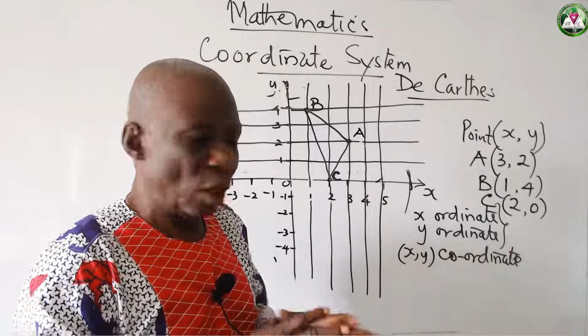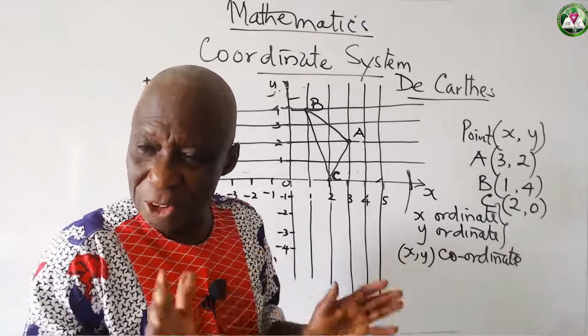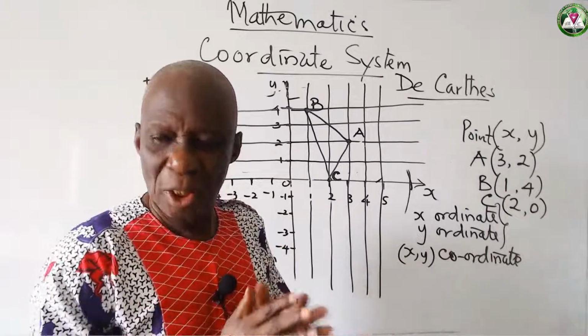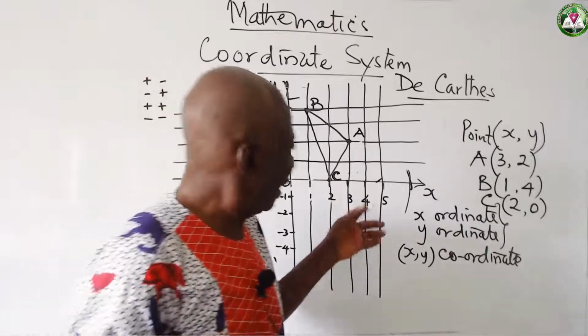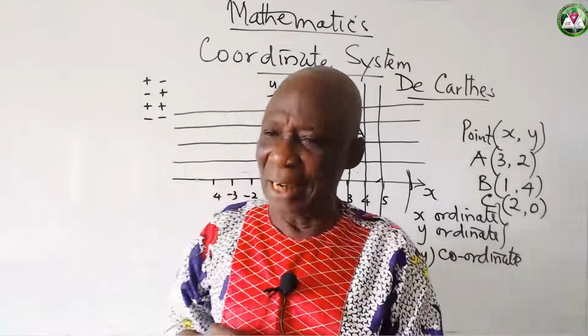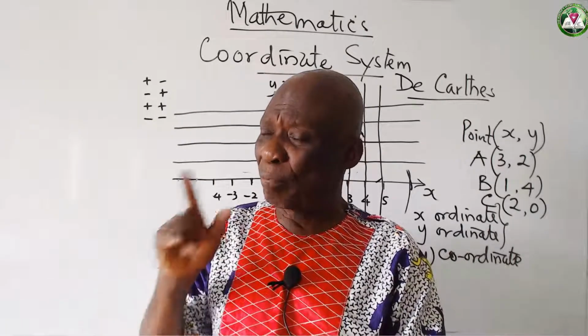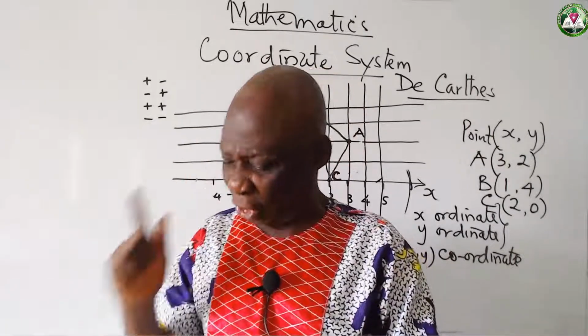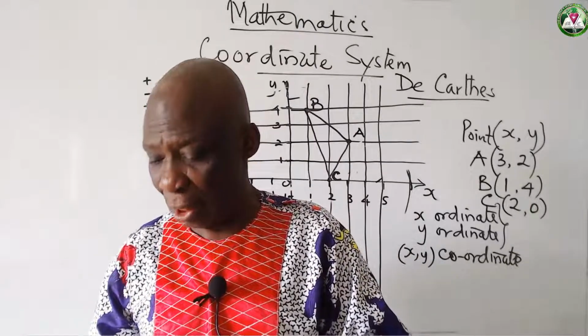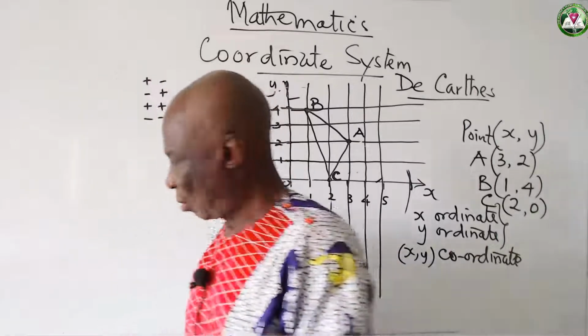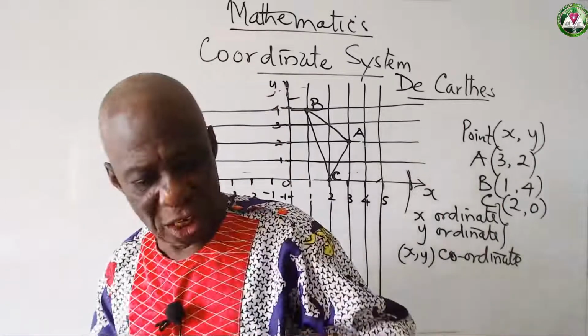So with it, you can plot points, you can read points, you can also draw shapes. Now, let us remove this. This topic is very, very wide, so we've got to take it stage by stage and get it very well so that it can help us in subsequent work.